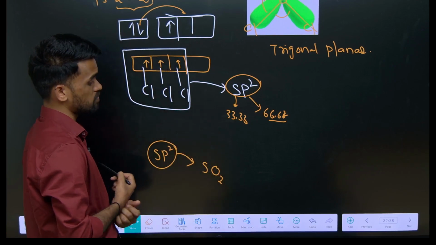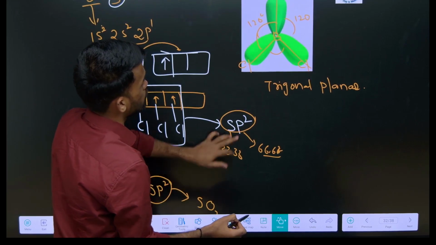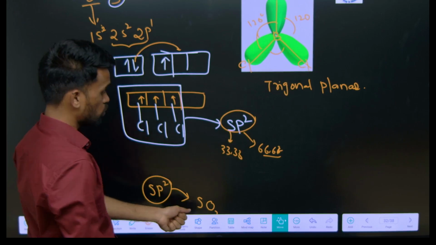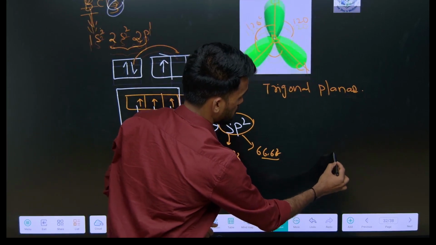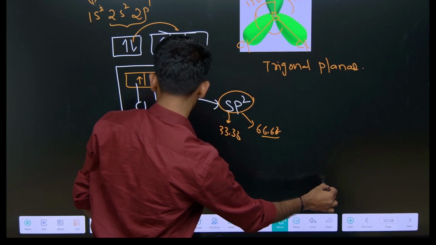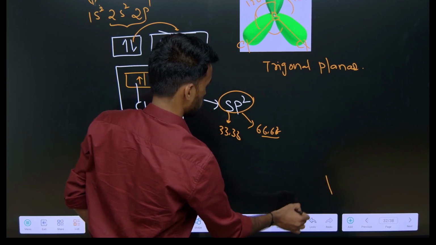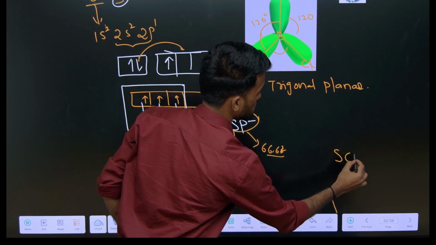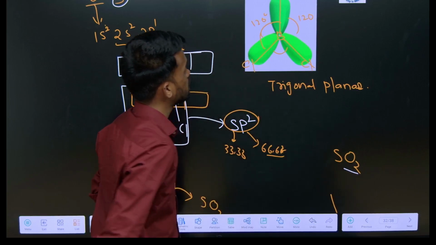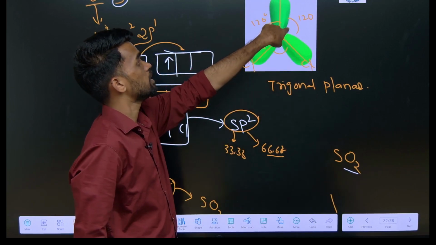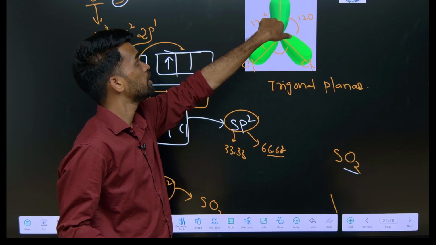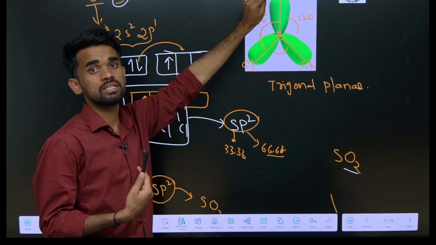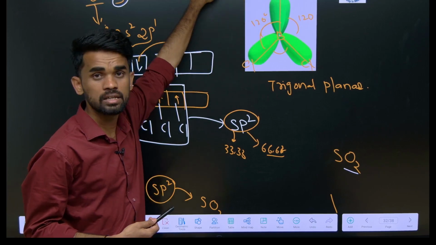In the SO2 case if you observe, how many surrounding atoms are there? Only 2 atoms. In that case, one hybrid orbital will have no atom, only electrons. In that case, how do we decide what the angle is and what the shape is?